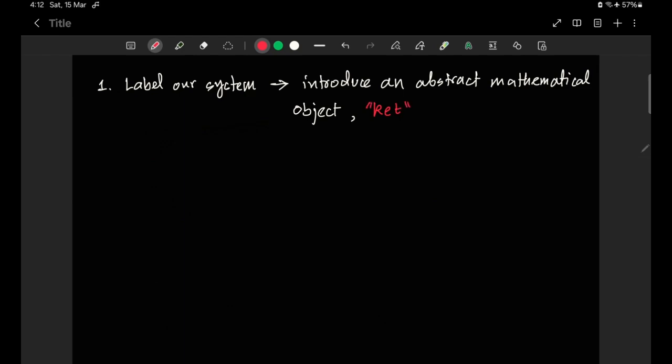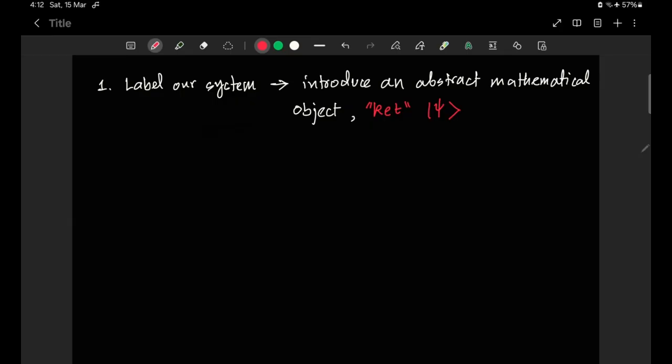Okay. And what does a ket look like, or how do we represent a ket? We represent a ket with this kind of signature. Let's say we used a Greek letter inside, and let's call that psi. So this is a ket psi, and this describes the state of our system.